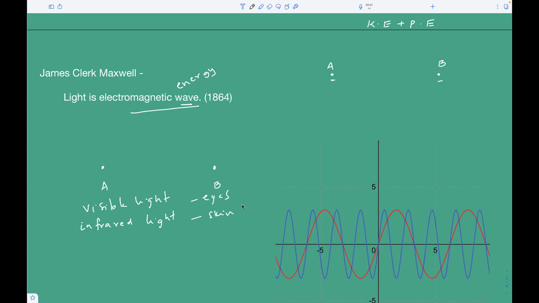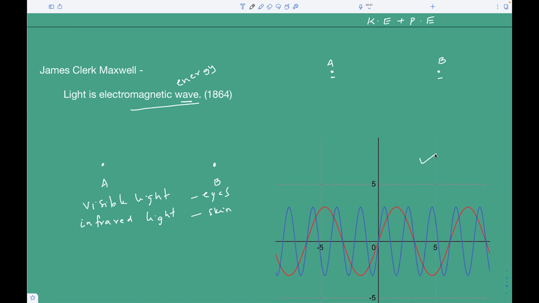So now the question is, what is the difference between these lights of different colors and infrared light and so on? See, all of them carry electromagnetic energy. So all of them are electromagnetic waves. Then what is the difference between them? Why does one light appear green and another light appear blue? What is the difference between lights of different colors and infrared light, etc.?